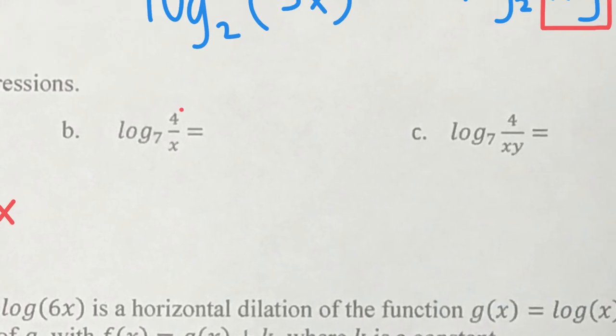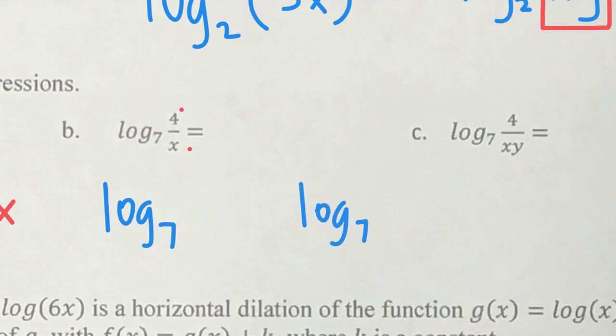Here we also have two terms, and our log base is 7. So log base 7 and log base 7. Well, division becomes subtraction. So it's the log of the top, which is 4, minus the log of the bottom, which is x.